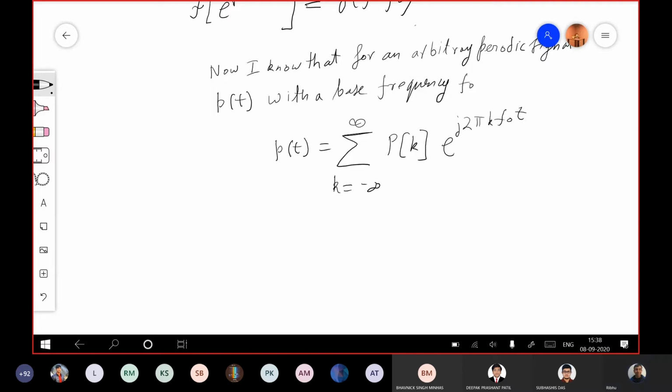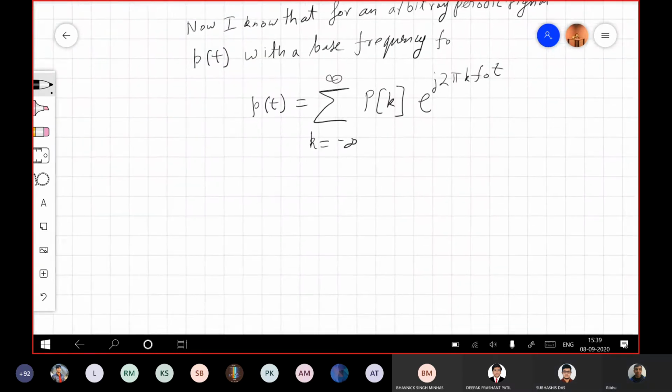Fine. This is the Fourier series expansion of a periodic signal, isn't it? Great.